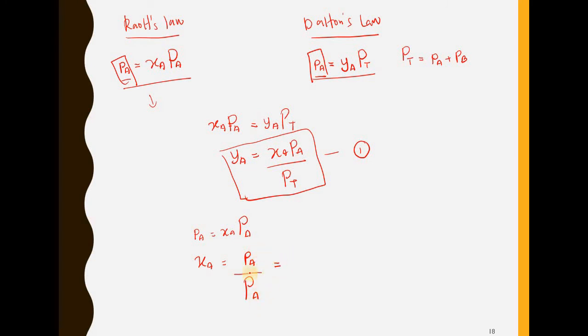The partial pressure of A is also equal to the total pressure minus the partial pressure of B. So this is another equation for XA.